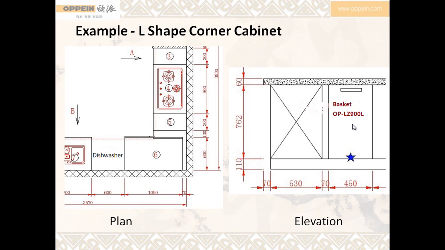We can see the width of the basket is 450 mm. The fill is 70 mm. The total width of door panel equals 450 plus 70. And the height is 762 mm.